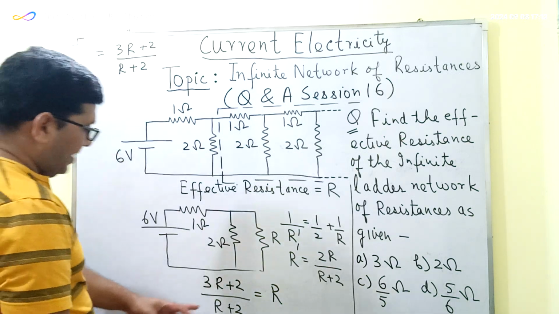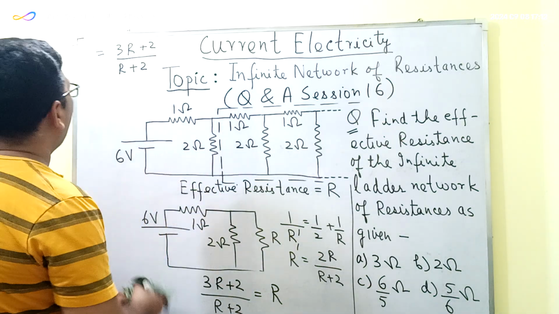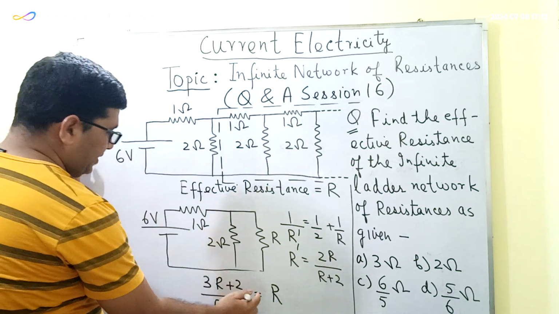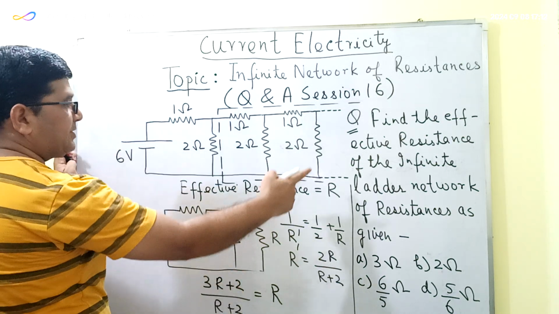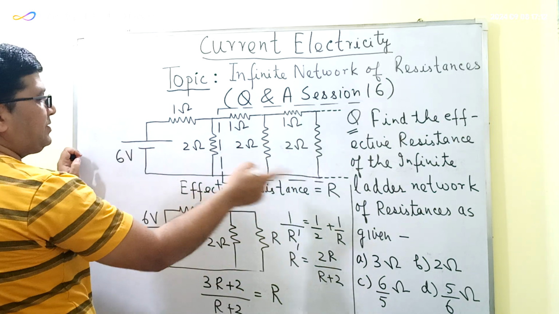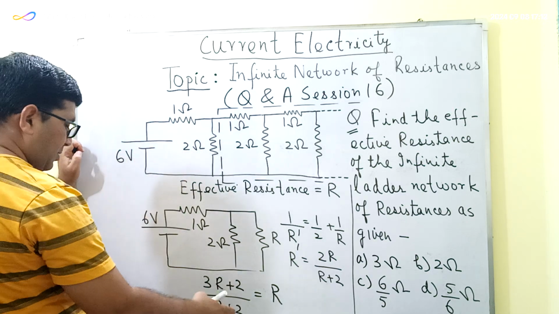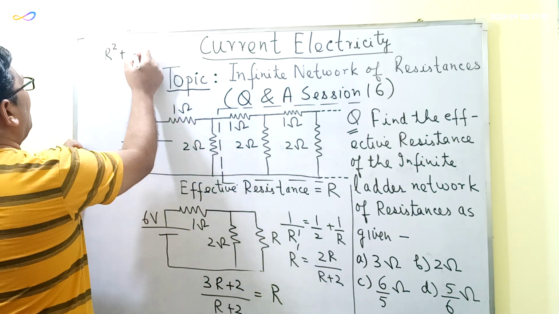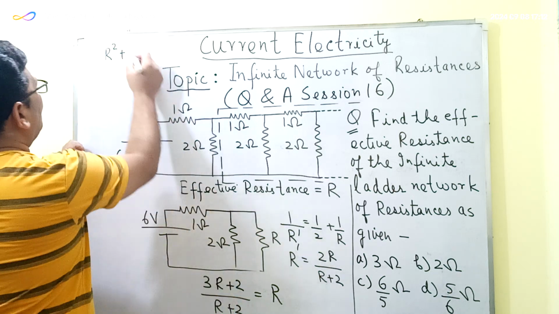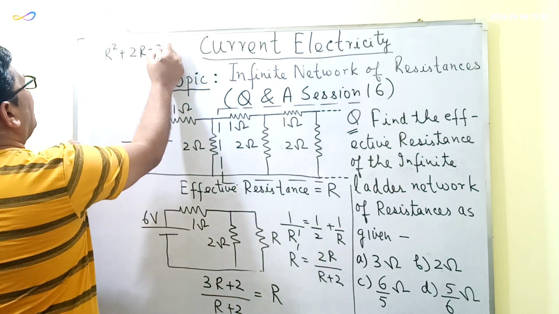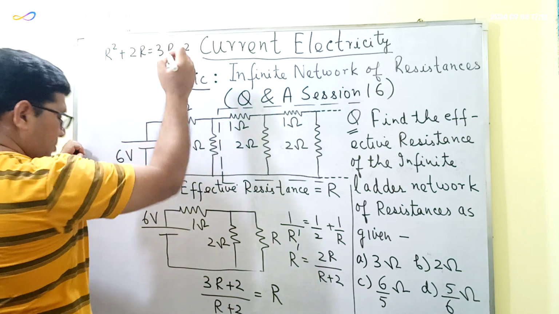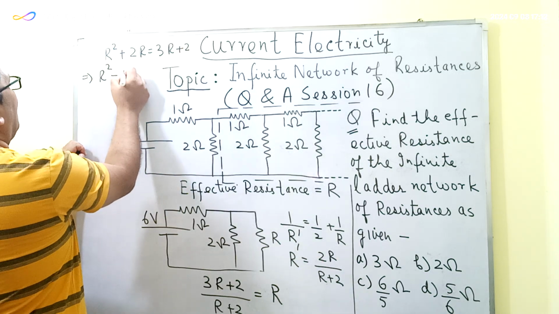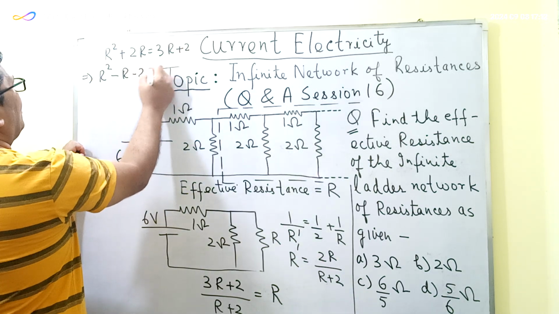So by solving this equation, we will be able to find the effective resistance of this infinite network. So this will be R square plus 2R equal to 3R plus 2, or it implies that R square minus R minus 2 is equal to 0.